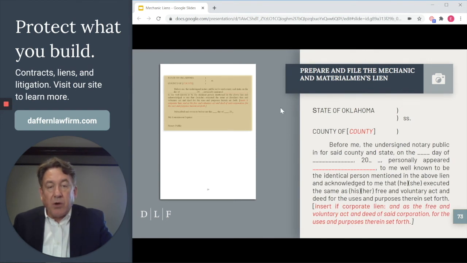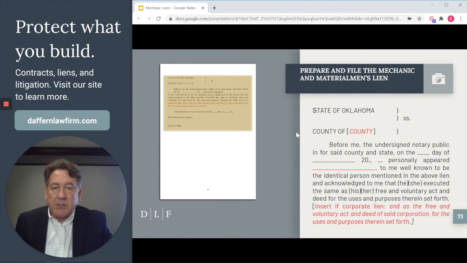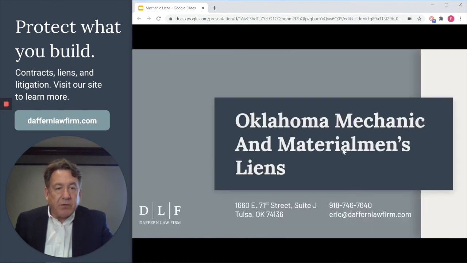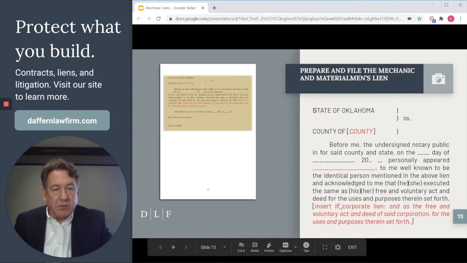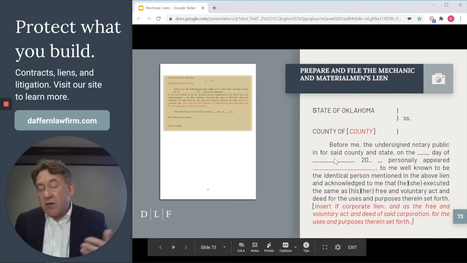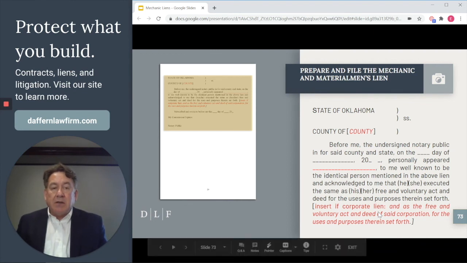And then again, you notarize your signature. You have to make sure that you notarize the person who's signing the materialman's lien, mechanic lien. And if you're signing on behalf of yourself, you don't have to put in this last information right here. But if you're a corporate entity, then you want to put in this additional corporate language.